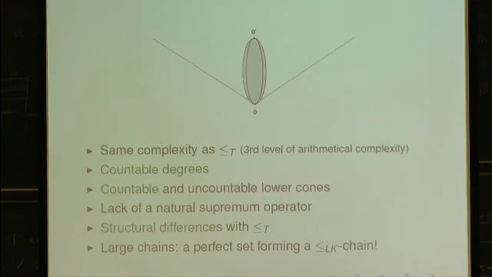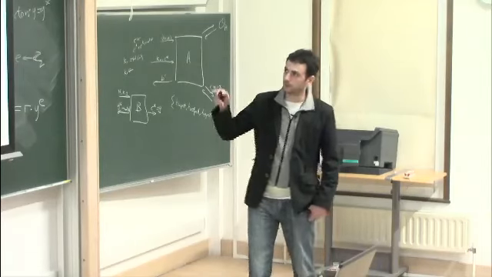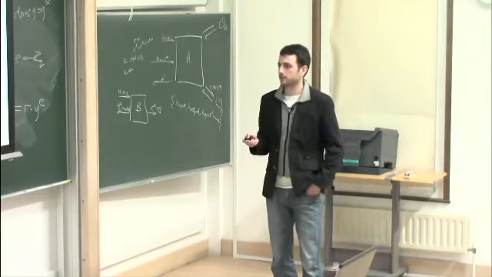But there are a lot of structural differences. For example, there are no minimal pairs of computably enumerable degrees. There are no minimal pairs even below 0 prime. All of these are structural differences with Turing. So there are global differences like uncountability of lower cones, but even locally in countable structures, like the degrees of computably enumerable sets.